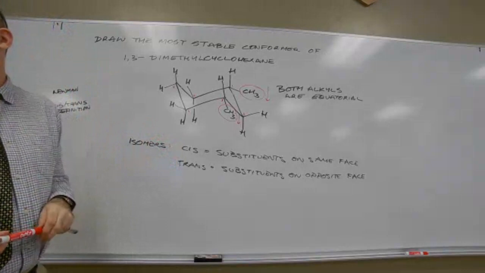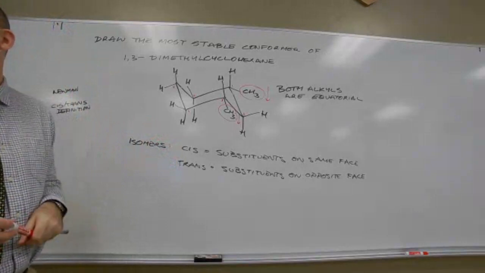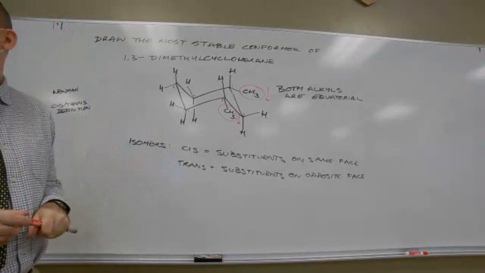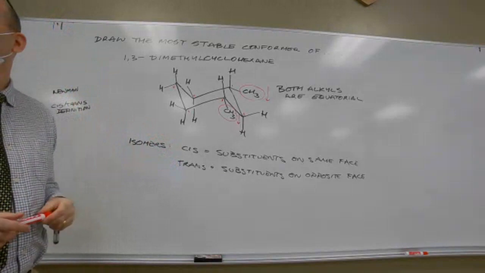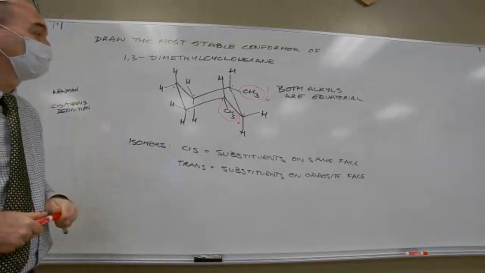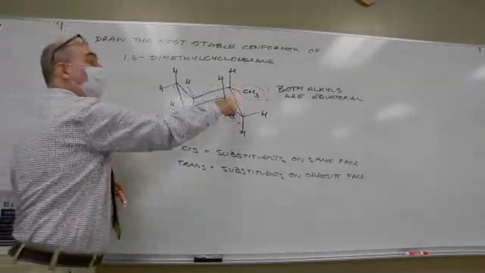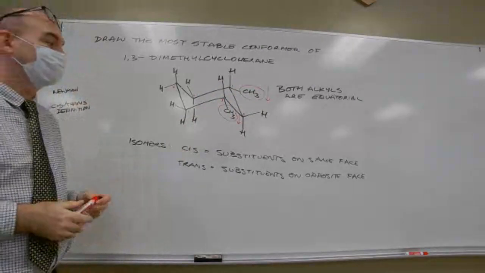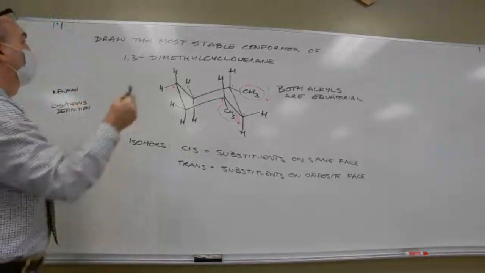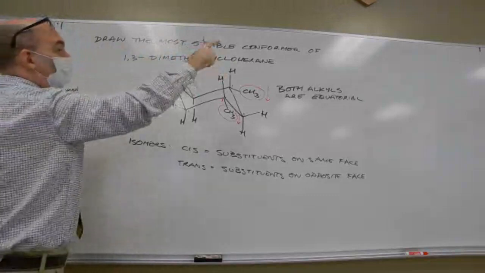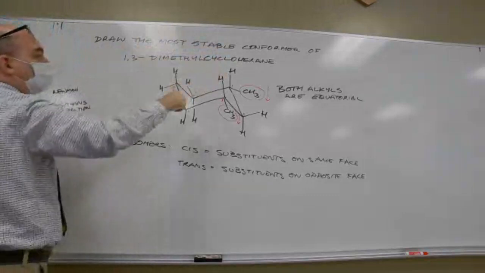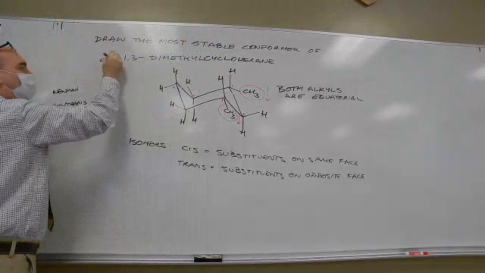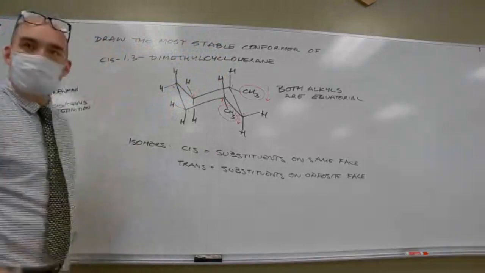So, Marcella, it depends, and hopefully we're going to figure out what that depend is. Hold on a couple of minutes. So these are both on the same side, same face. That's the cis isomer. So draw the most stable conformation of 1,3-dimethyl cyclohexane. That gets to be the cis.